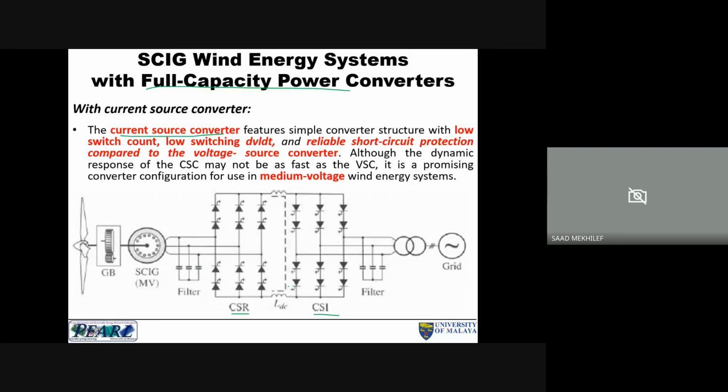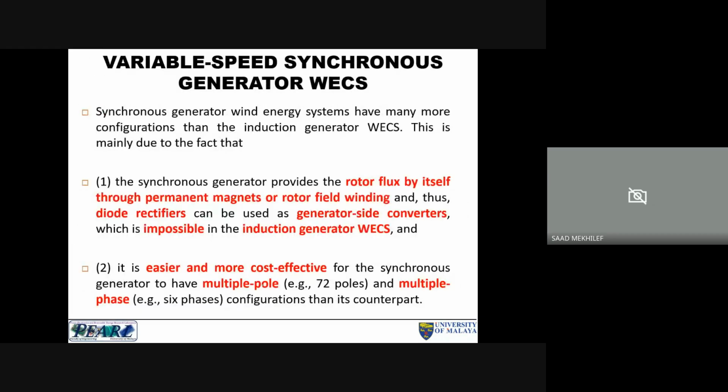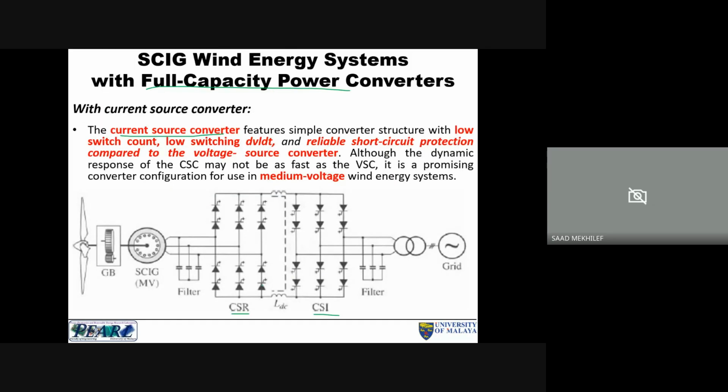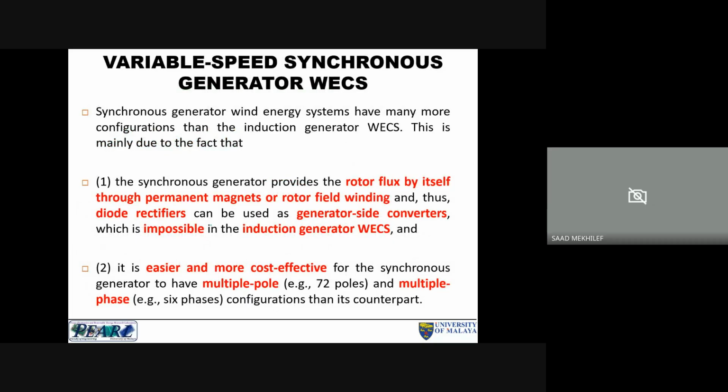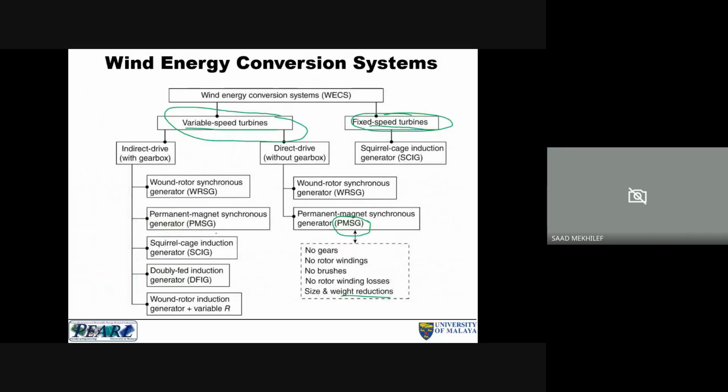Most of the topologies usually use voltage source inverters, not current source. All right, let me go back to the chart here. So we look into the variable speed, and we have seen a number of what we call indirect control. Indirect means with the gearbox.